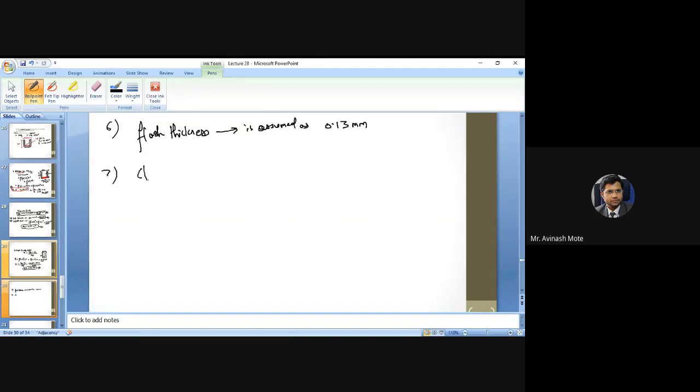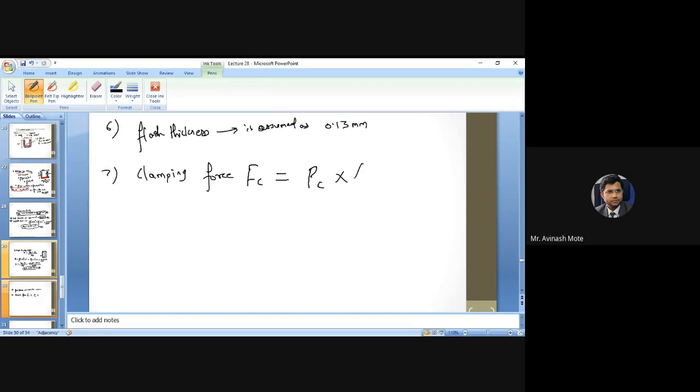Okay, then seventh, clamping force. PC or CP. Clamping force. This is, I think, compression pressure. So clamping force FC. Let's take clamping force FC equal to, what is the formula we have seen?